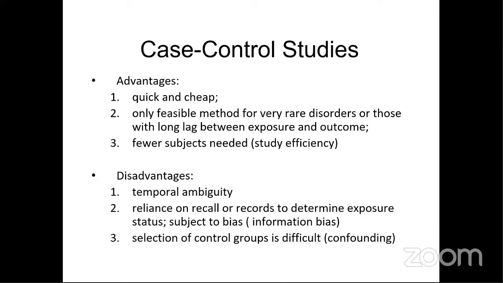Disadvantages: there could be temporal ambiguity, reliance on recall or records because it's backward looking to determine exposure. It could also be subject to bias. And there could be a lot of confounding variables, thus selection of your control groups may be difficult.